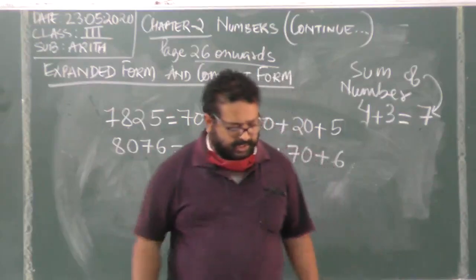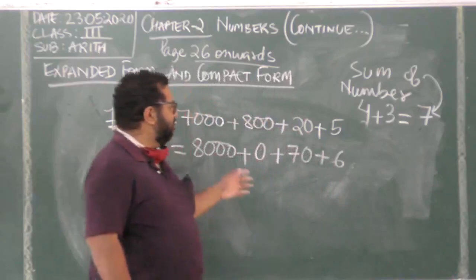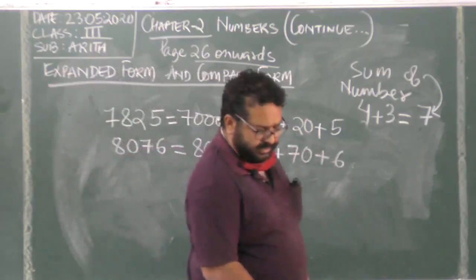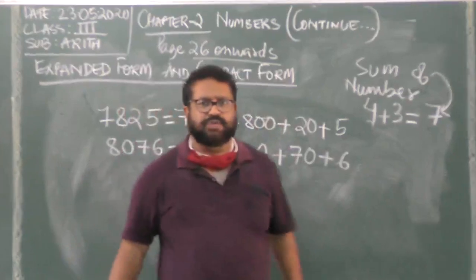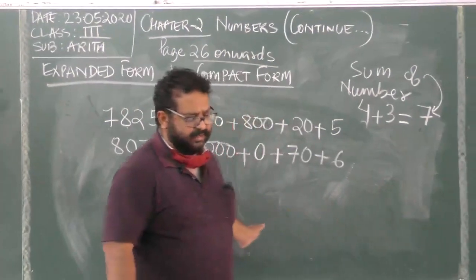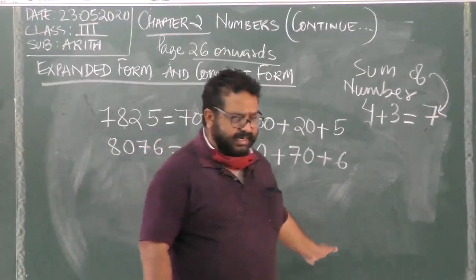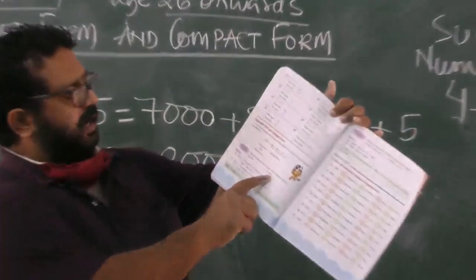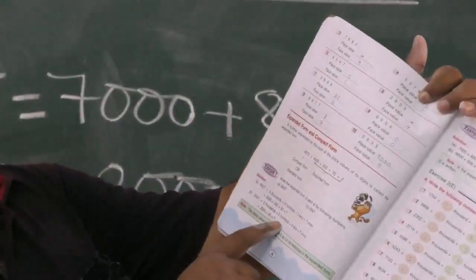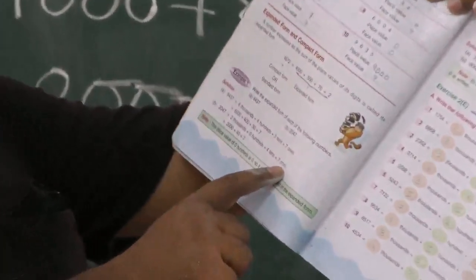So it is not mentioned in the expanded form, but you can see this note. Because there is no confusion, we are writing it here. You can see the example here. Part 2, 2047. 2000s, 0 hundreds, 4 tens and 7 ones.